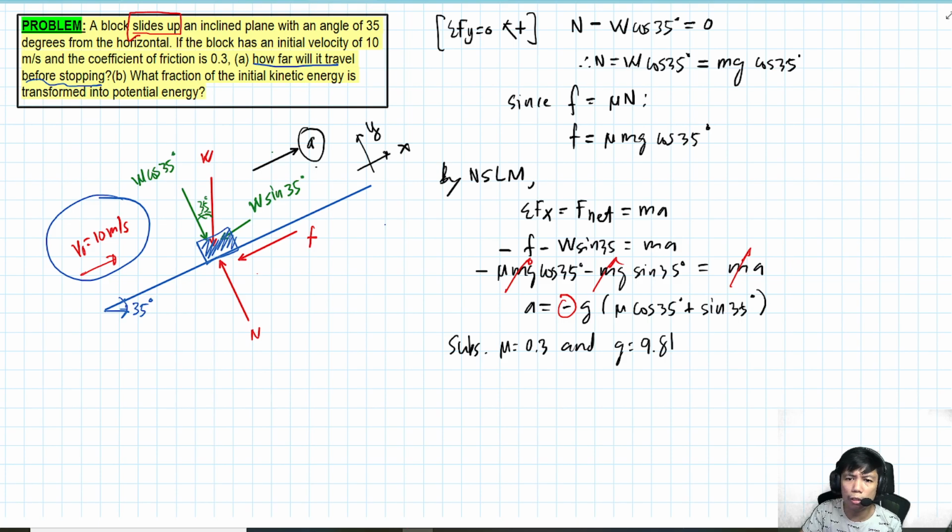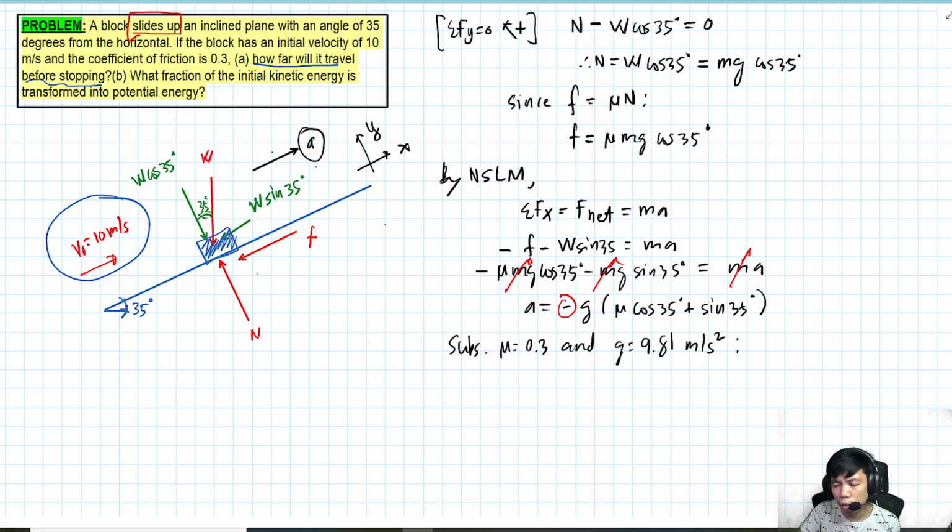In this problem, we can use 9.8 or 9.81, no? Depende kung may choices, o kaya mayroong instruction na you have to use this value of g. 9.81 meter per second square.